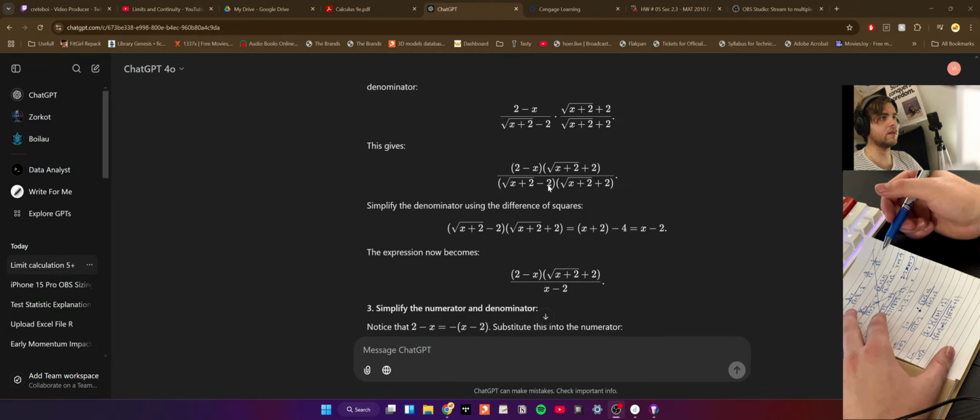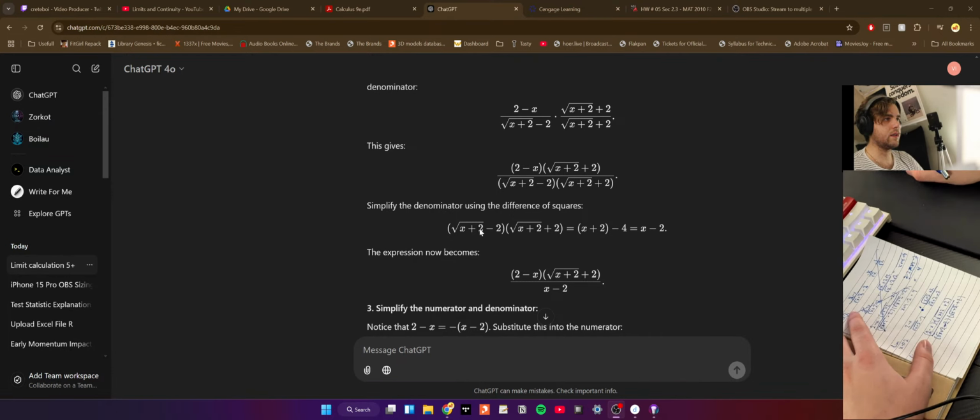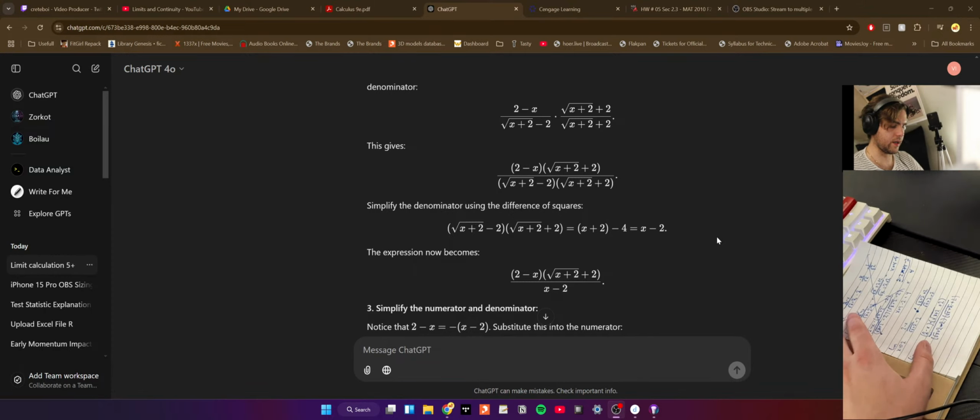So they kind of just cancel each other out, and it just leaves this. The square roots cancel each other out, even though they're being multiplied. You get left with x plus 2 minus 4, which equals x minus 2. So the minus 4 comes from this.